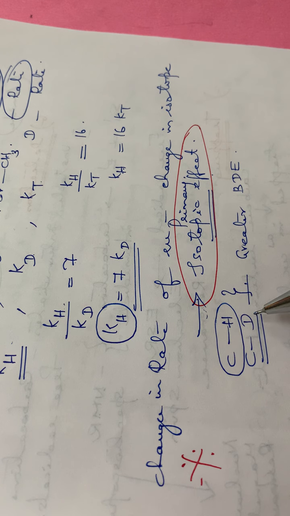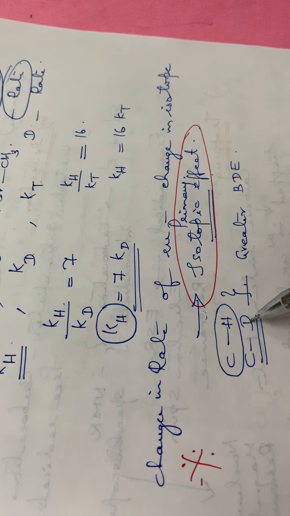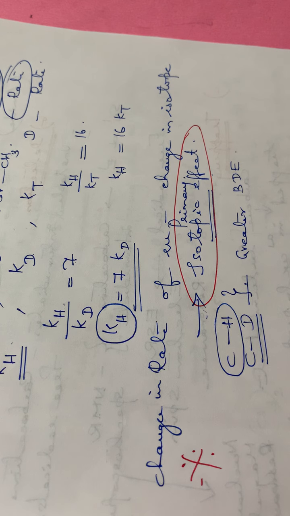That might be the reason for the difference in the rate of the reaction. So the CH bond will be cleaved faster than the CD bond, because a greater bond dissociation energy will be needed. Okay, so that might be the reason for the primary isotopic effect.